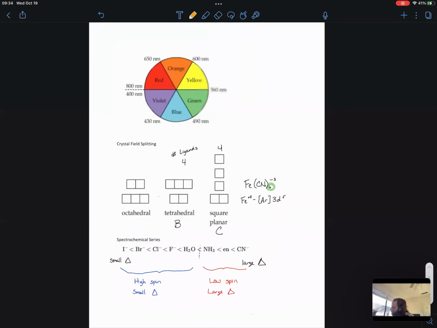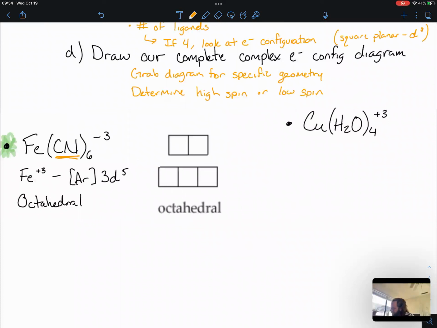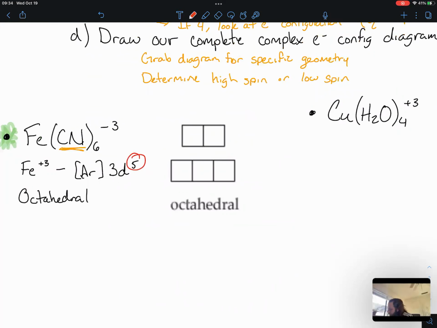So when I go back here, I know I have 5 electrons to fill in this diagram, and I'm going to fill it in a low spin way where I fully fill low energy orbitals first.